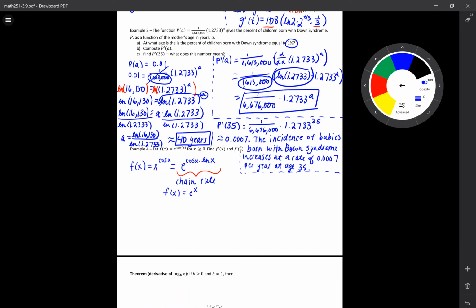My inner function is equal to cosine x times natural log of x. This makes f prime of x equal to e to the power of x. And then here, I'm going to have to use the product rule.